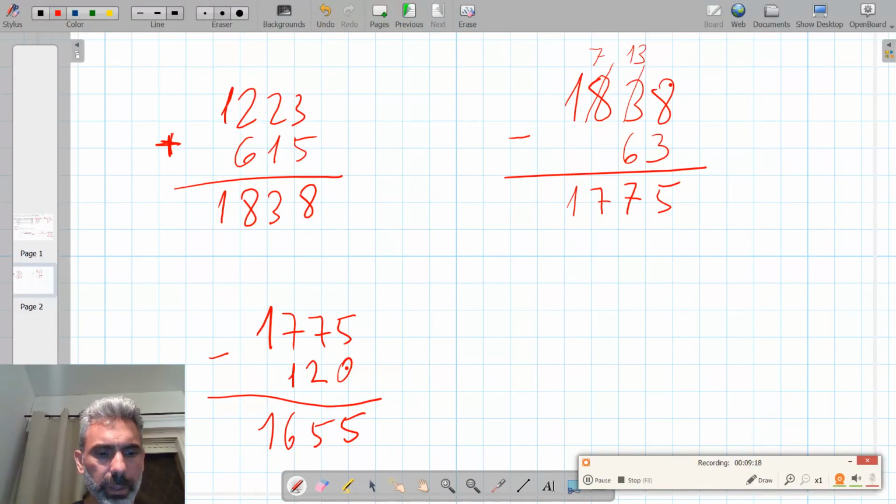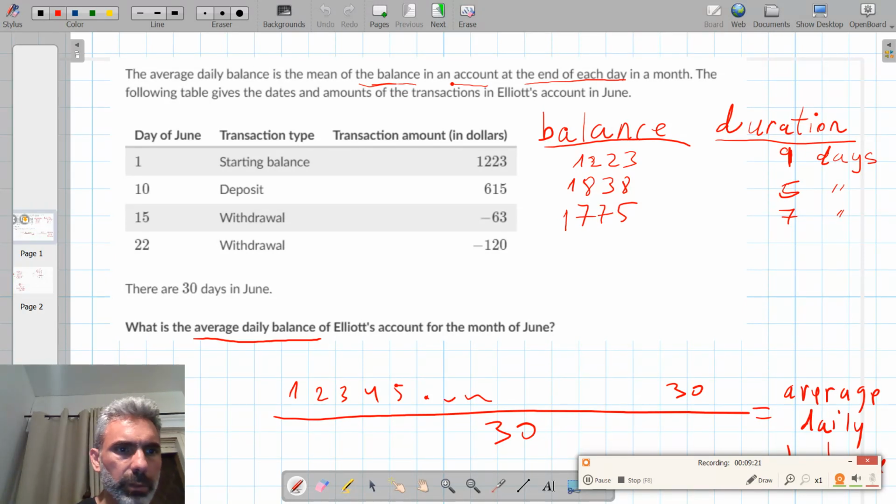So the new balance is 1,655. Okay, and this balance has stayed the same until the end of the month of June because we don't see any deposit or withdrawal until the end of June.